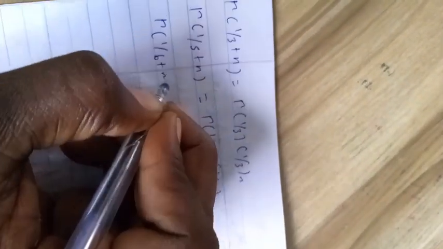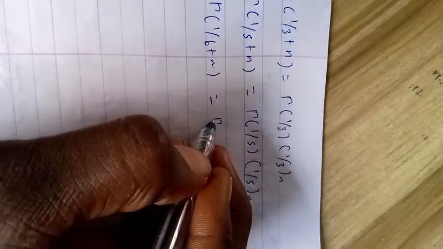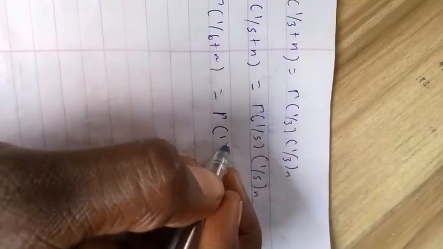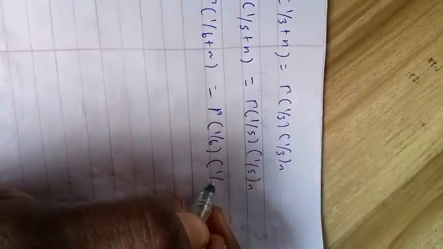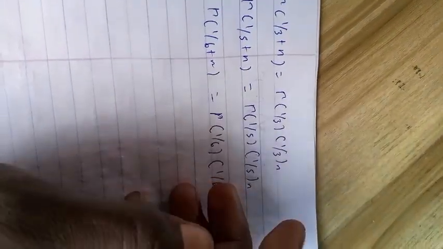Then gamma of 1/6 plus n gives us gamma of 1/6 multiplied by 1/6 subscript n. So now I can rewrite my series in this form.